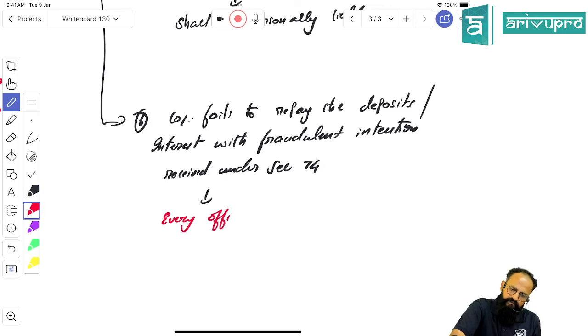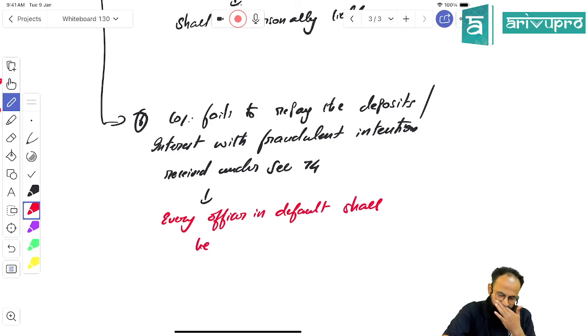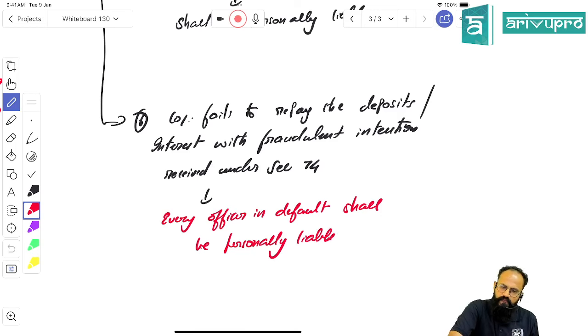Every officer in default shall be personally liable.